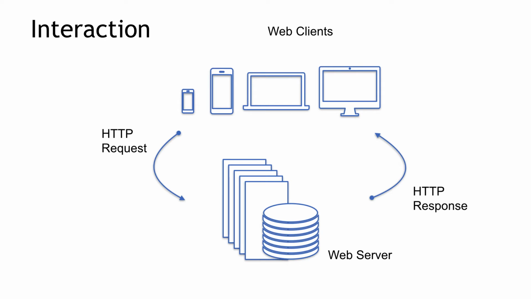One of the interactions is that we communicate through an HTTP request from our clients to web servers, and the web server returns an HTTP response back to the clients. Remember, REST is not bound to the HTTP protocol, but in our case, when we are working with web servers, this is the most natural form of communication.